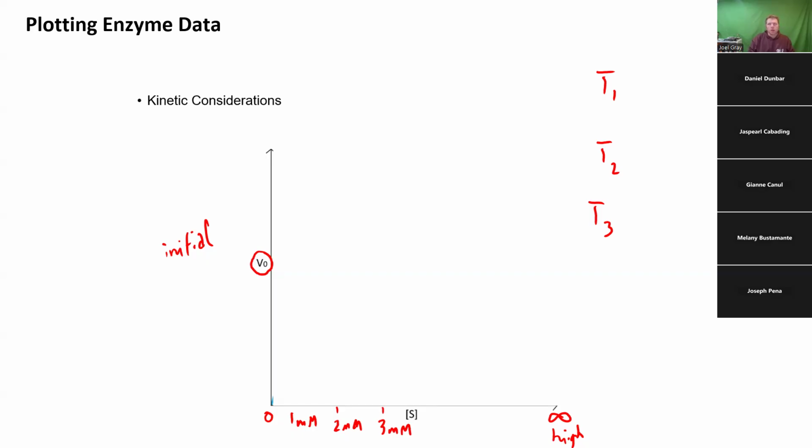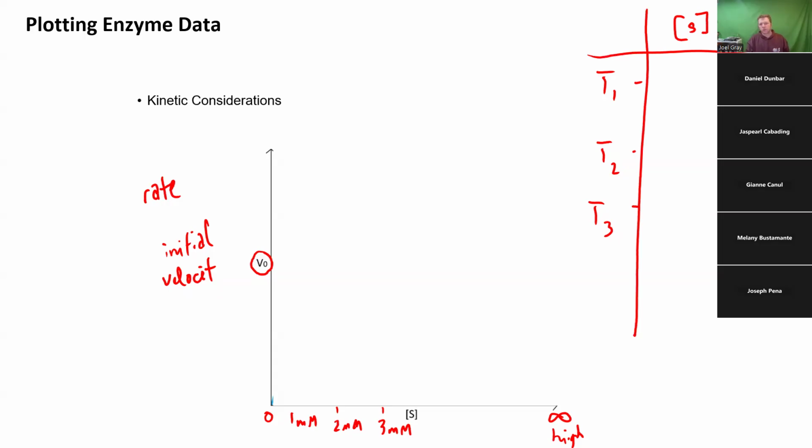You could think about this initial velocity as your reaction rate. Let's say you're going through a series of trials and you get the following data: substrate concentration and velocity.